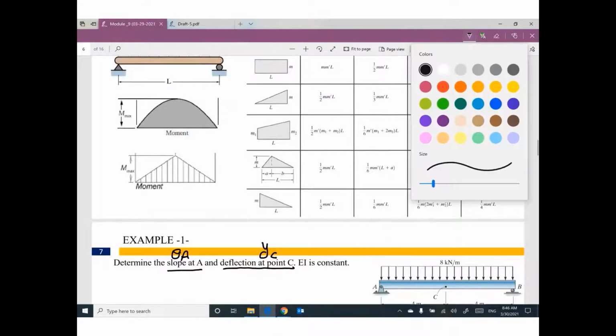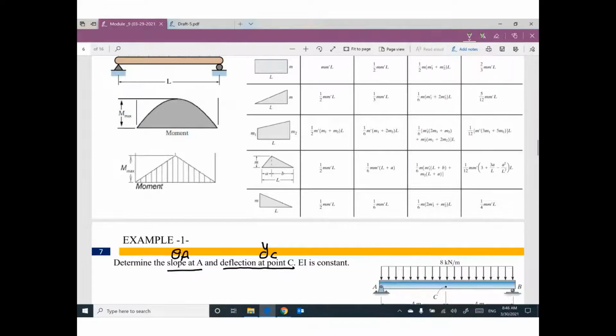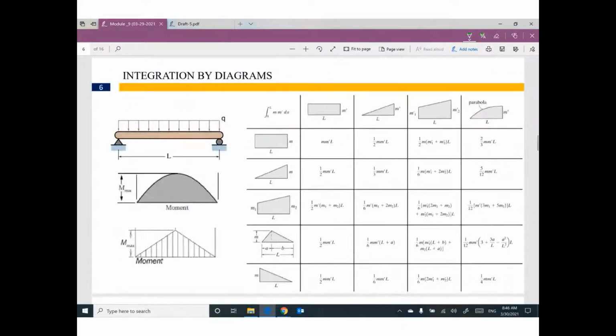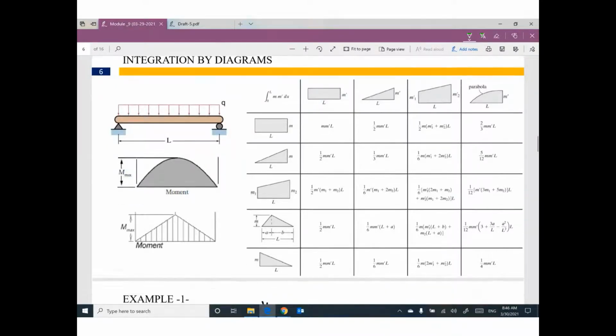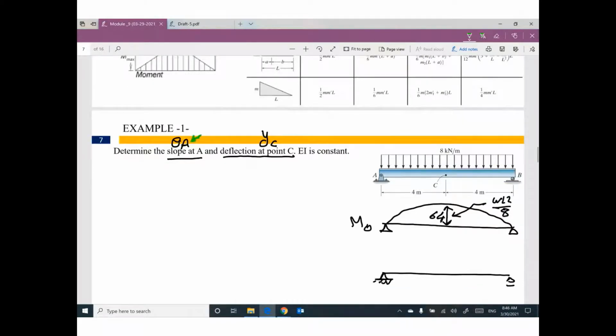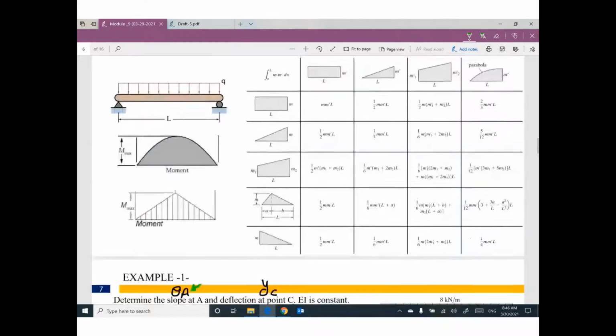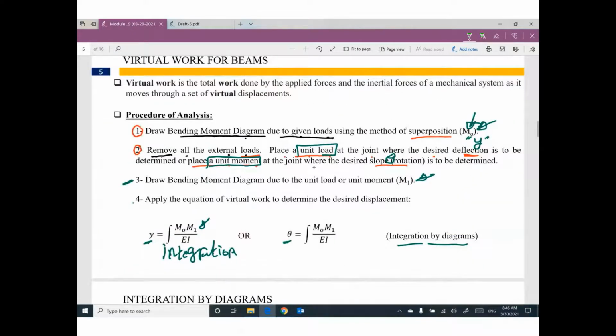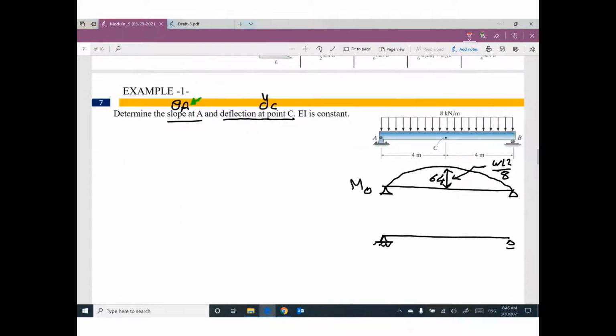I will start first with theta at A. After I remove all the external load, I will put a unit moment at the joint where the desired slope or rotation is required. I'm looking for theta at A.